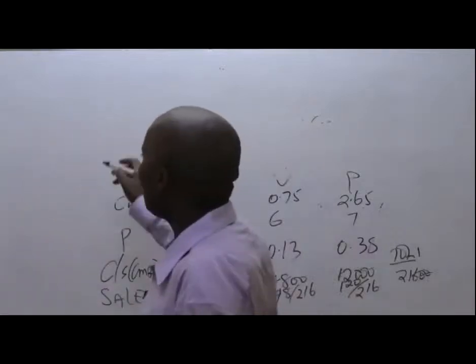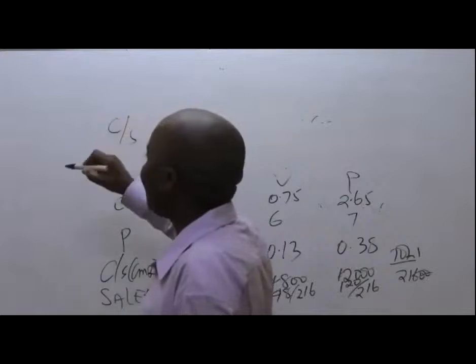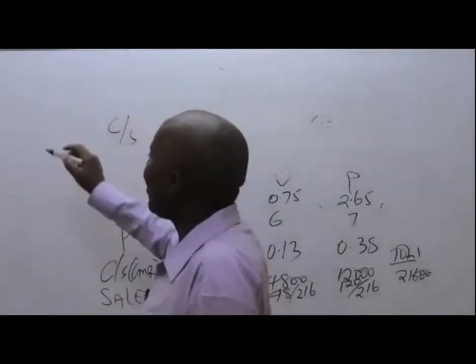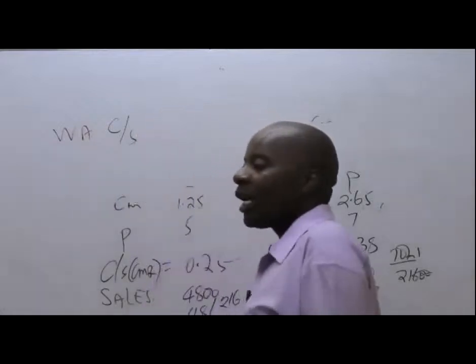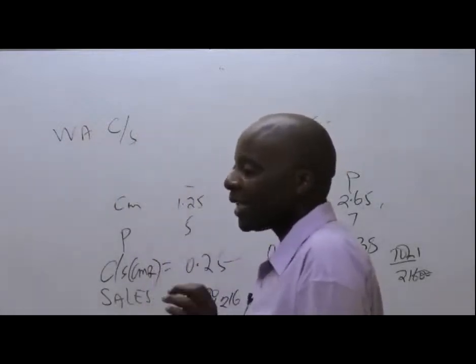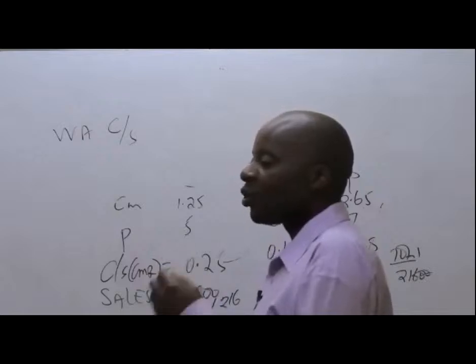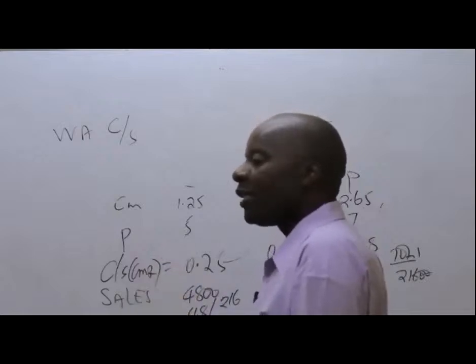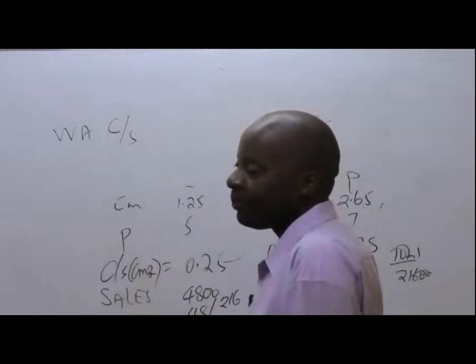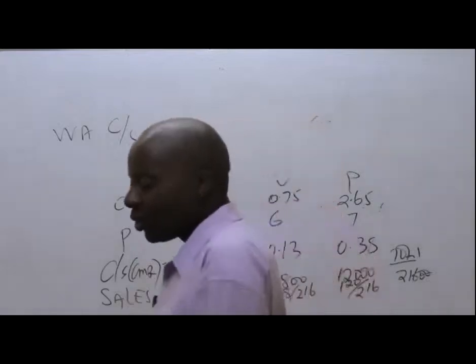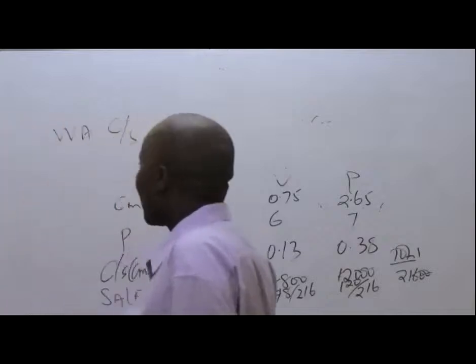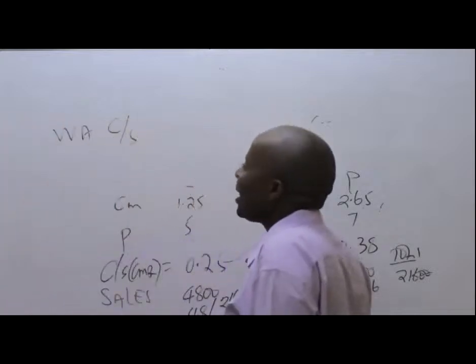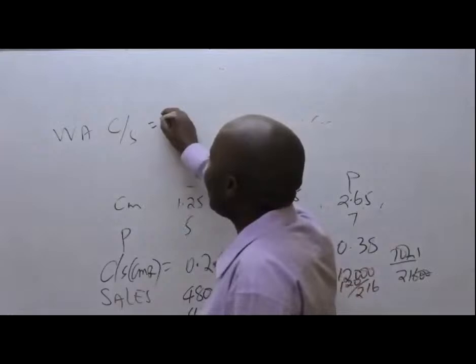What they want us to do is to give them the weighted average CS, the weighted average contribution to sales ratio, or WACMR, one and the same. To get this, you need to use this formula that you'll never forget.